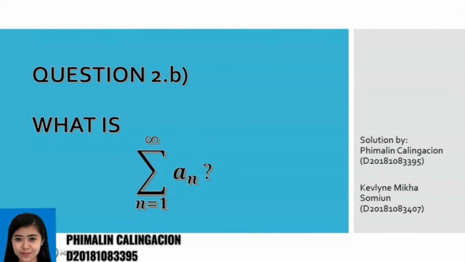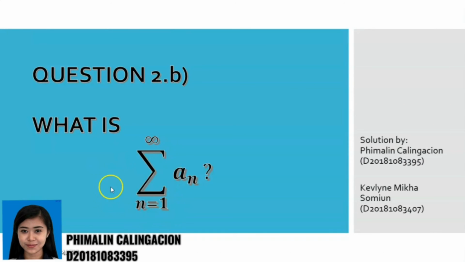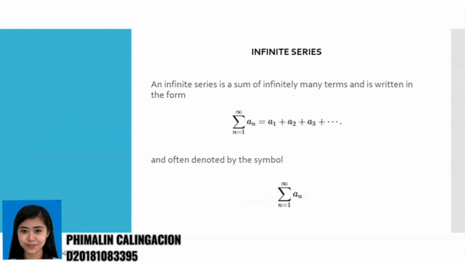Question 2B. What is this notation? In order to answer this question, we will define an infinite series and show how series relate to sequences. We also define what it means for a series to converge or diverge. From the previous answer in 2A, we have seen the general expression for the area A_n.